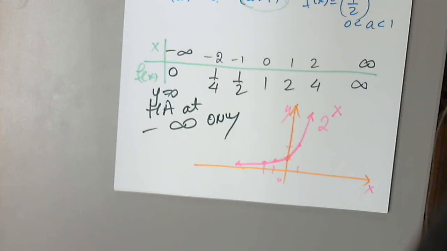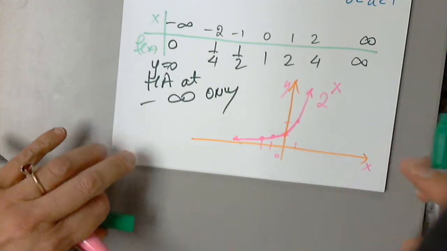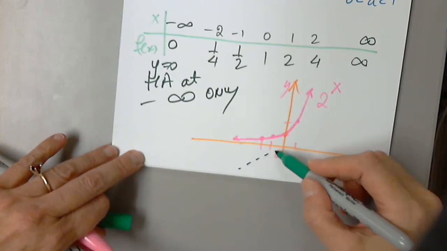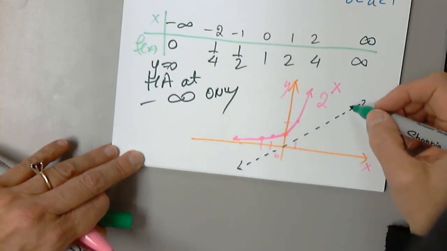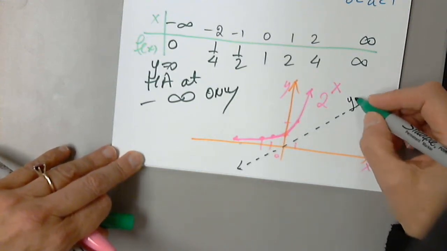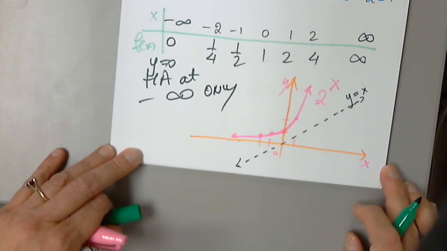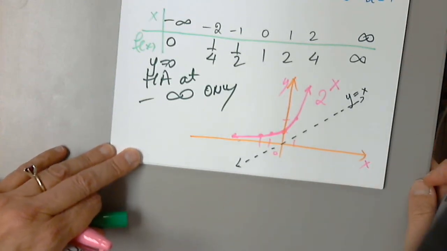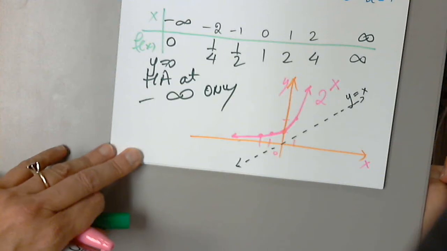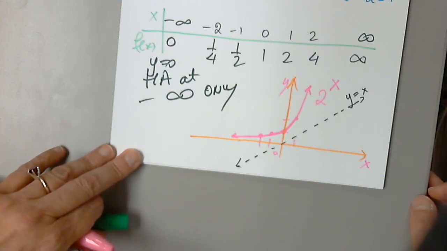And by the way, can you please give me a couple of points so I can graph the inverse function? What is this line? Excellent. Great job. Thank you for remembering that. So please give me a couple of points so I can graph the inverse. We don't even know what the inverse is yet, but we can graph it.